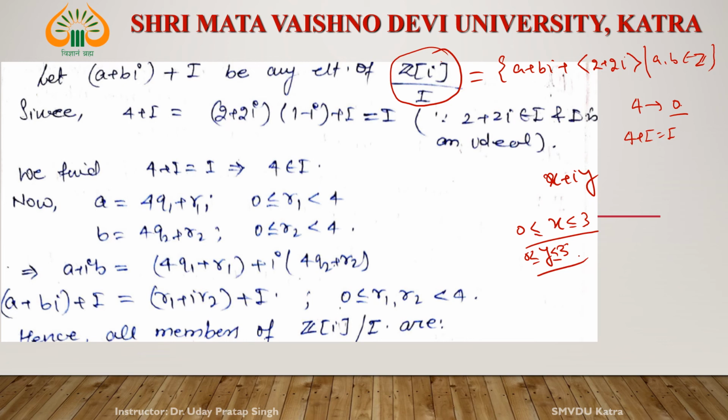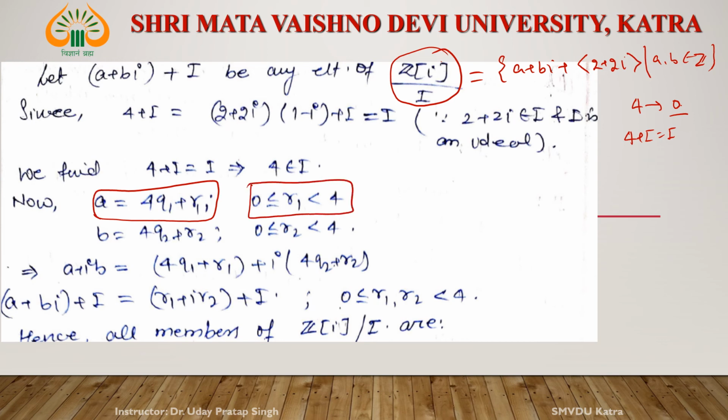Now let us see how. a is equal to 4q1 plus r1, and b is equal to 4q2 plus r2. What is a plus ib? a plus ib is 4q1 plus r1 plus i into b, so a plus ib is equal to r1 plus i r2 plus I, where 0 is less than or equal to r1, r2 is less than 4.